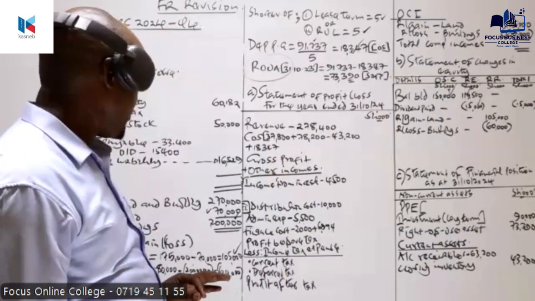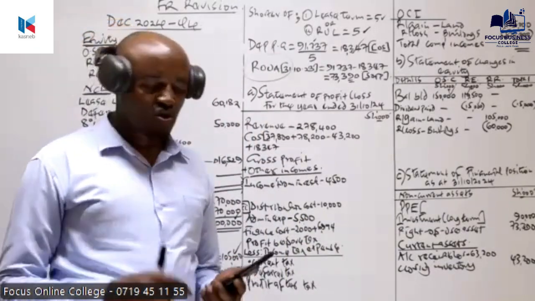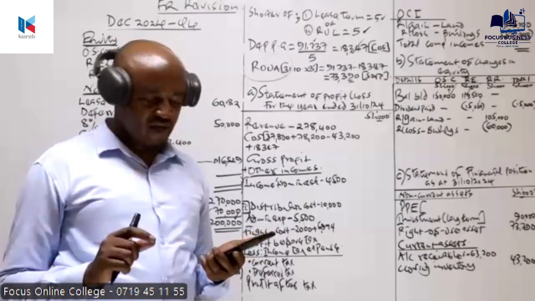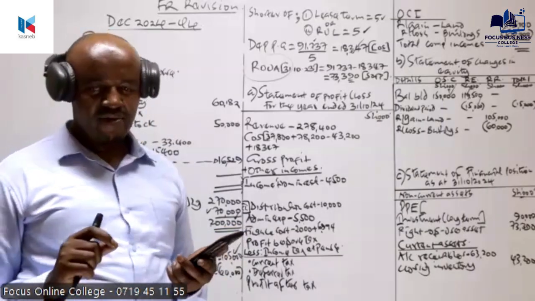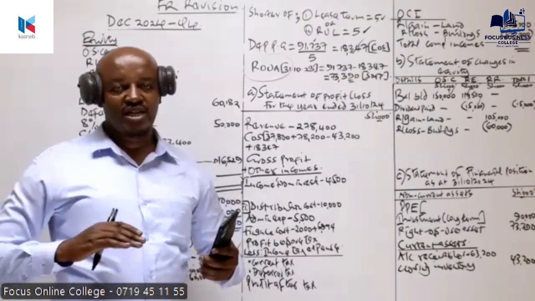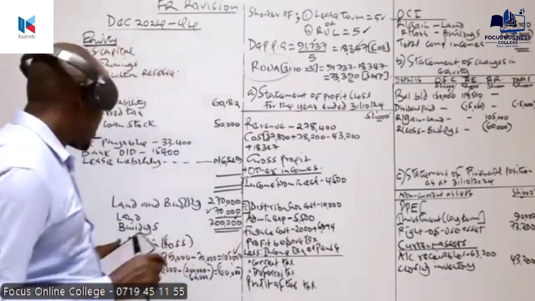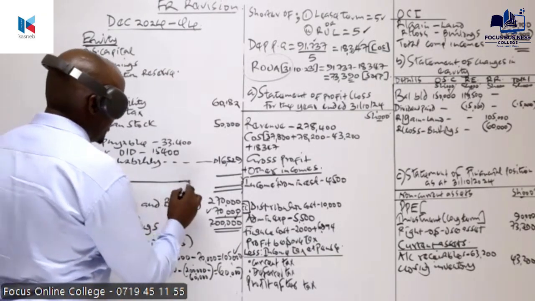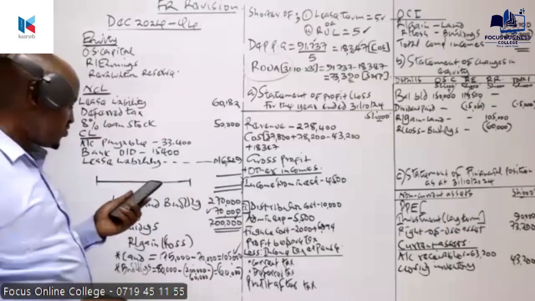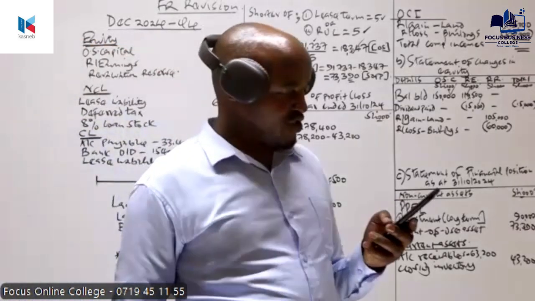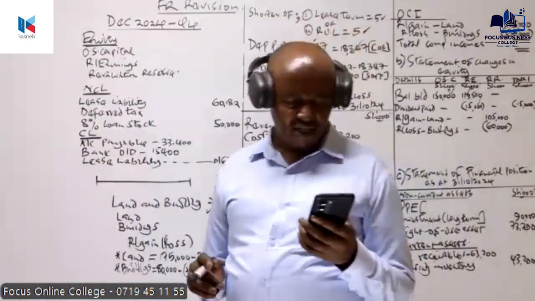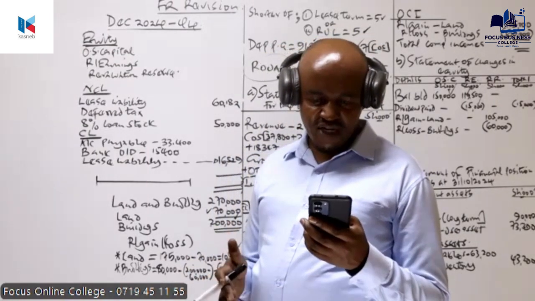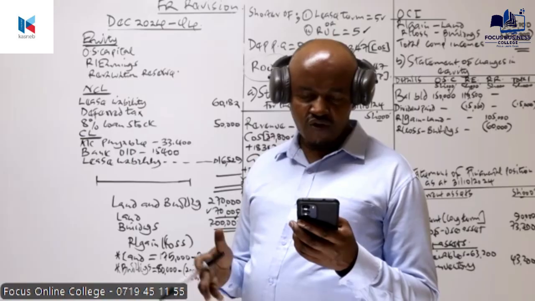Then we need to go back to that point and compute the depreciation on buildings. Before we do that, there is something we need to do in relation to the useful life. I want us to be together here because we need to understand this very well. In relation to note number 2, we are told that the estimated useful life of the buildings before the revaluation was 50 years.